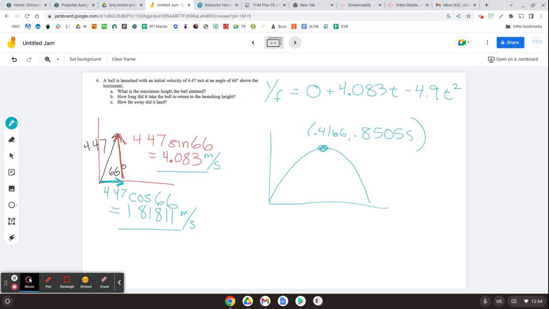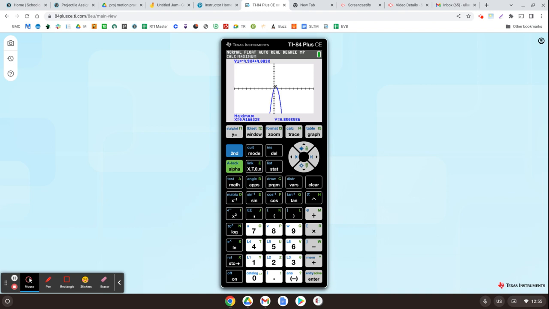Okay. Well, I'll tell you right now, if it asks how long is it going to be till it hits the ground, that's going to be twice as long as that. It's going to be 0.8333. But let me show you, just in case you don't trust me. Let's calculate zero. Get to the left, enter. Get to the right, enter.